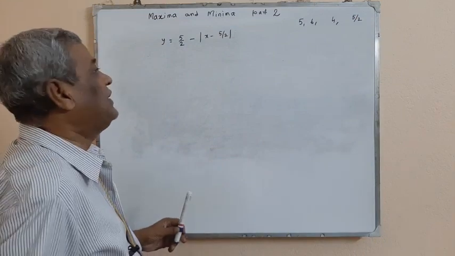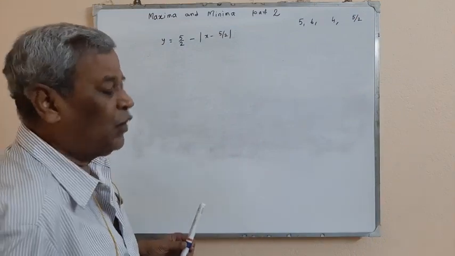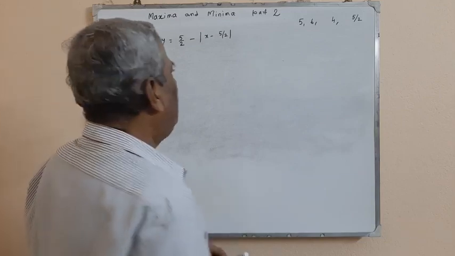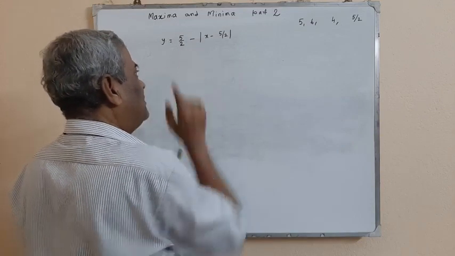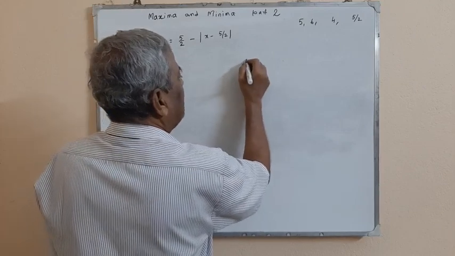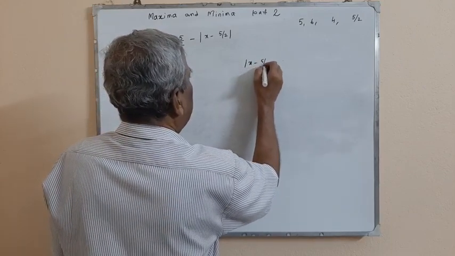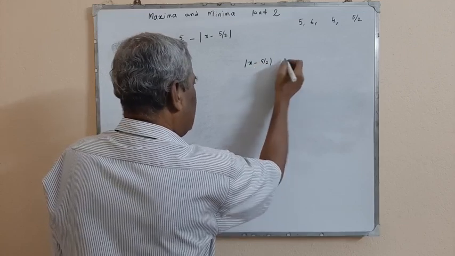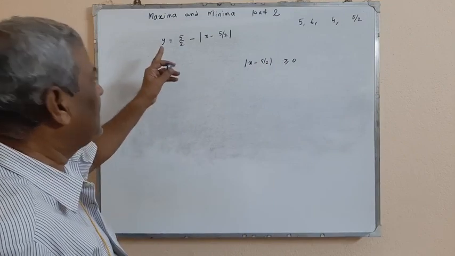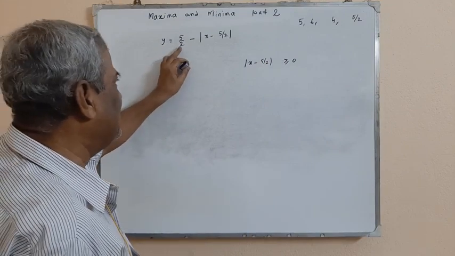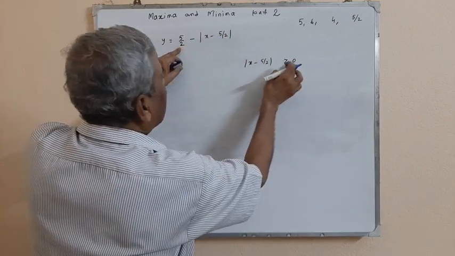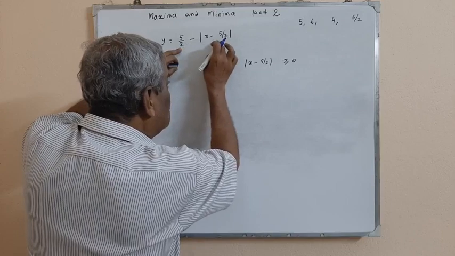This is a mod function. To get maximum or minimum value, we have to differentiate it. But from the construction of the given function, it is clear that mod of x minus 5 by 2 is greater than or equal to 0. So y is either 5 by 2 when this is 0, and when it is greater than 0, it is less than 5 by 2.